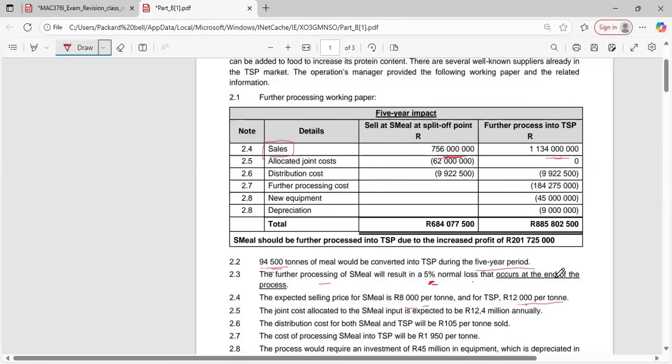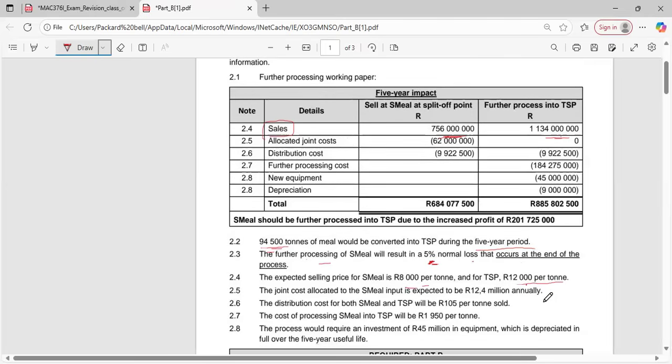So it's going to be 94,500 times 95%, then times 12,000. Are you guys getting the correct further processed TSP sales? The amount is incorrect, that one. Yeah, it's incorrect.